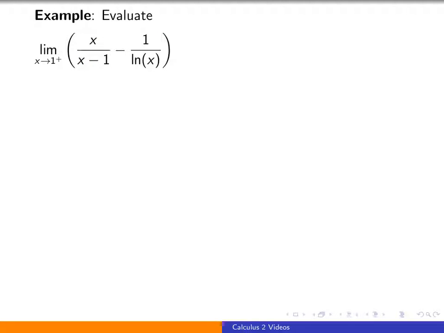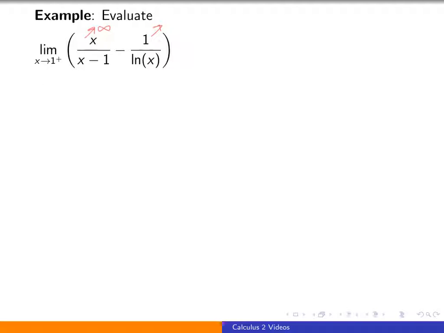X over x minus 1 is a rational function which has a vertical asymptote at 1. And as you approach 1 from the right, the value of that function is approaching infinity. I encourage you to graph that function in your graphing calculator just to verify.